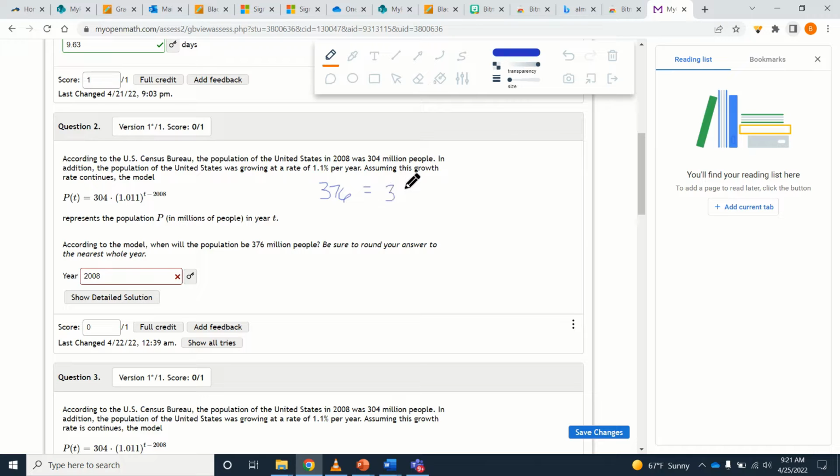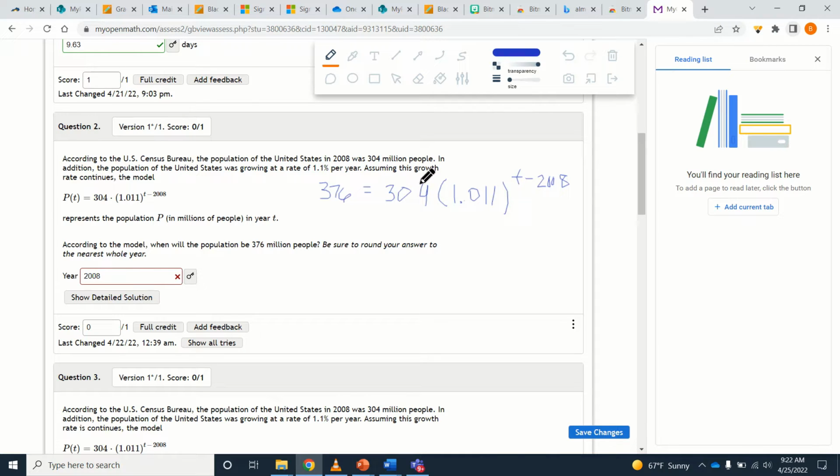And we are going to solve this equation for t.